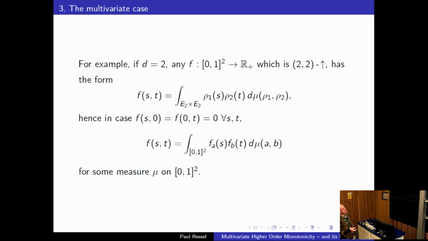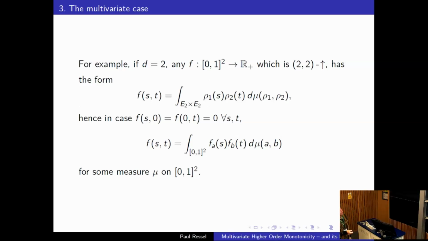In dimension 2, a function which is (2,2)-increasing has, of course, this form. So rho_1 and rho_2 are both in E_2, of course, because we have (2,2) here. And well, there we have constants. I mean, the polynomial part is a constant plus then (t minus a)_+.